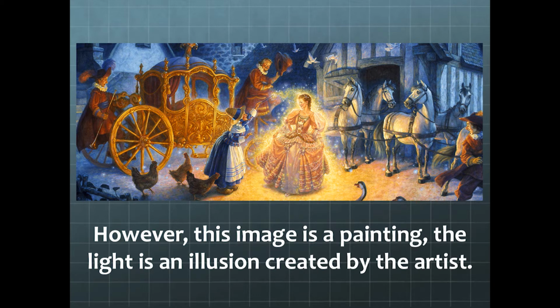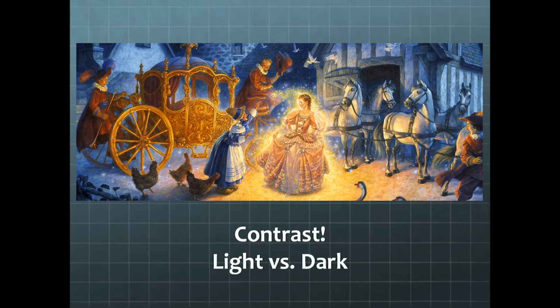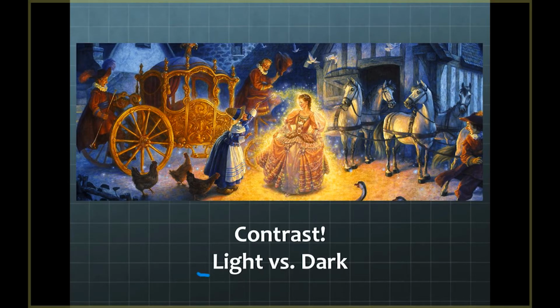So again, consider her dress. Consider what's happening with this dress. Why does it look like the light is coming from her dress? This is an illusion. What creates this is contrast. And when you talk about contrast, it's light versus dark.